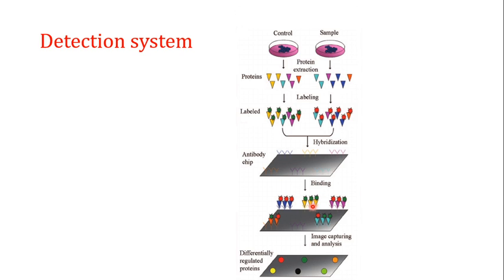If you talk about this one, this particular image is showing you that these particular proteins which have been labeled with a green one have been collected from the control sample. So here only the yellow proteins are interacting. Now if you look over here, at this particular position only the red fluorescent is present.